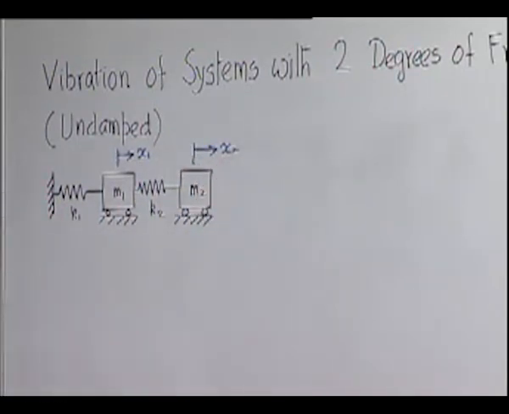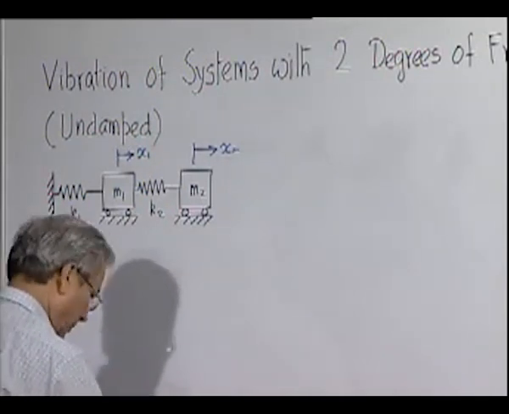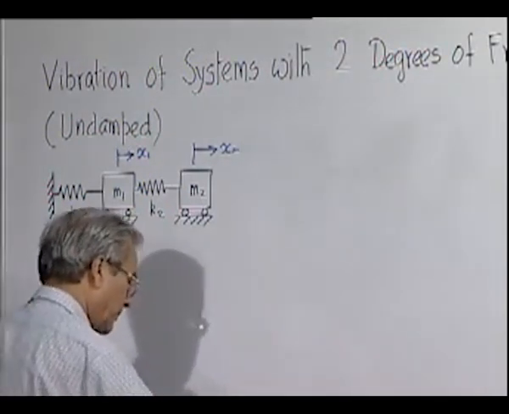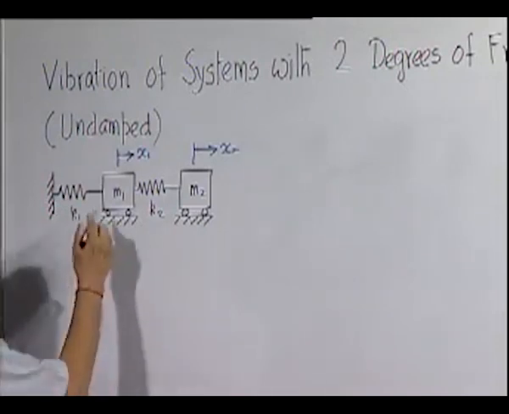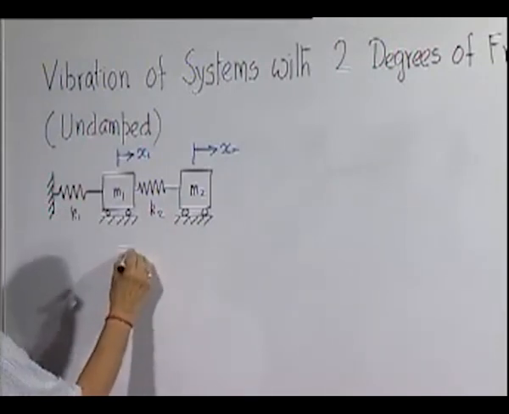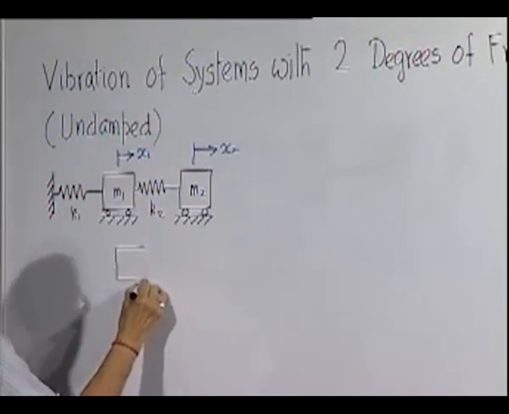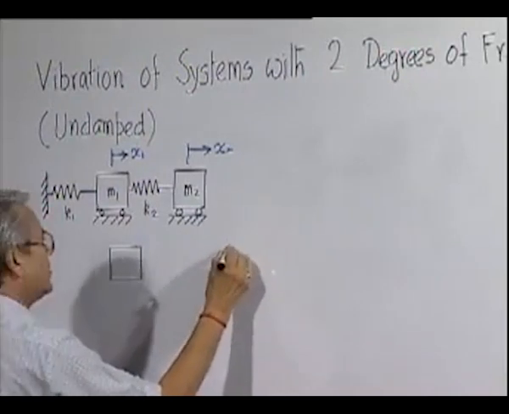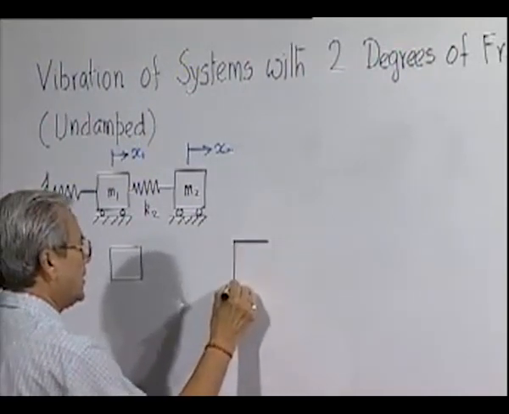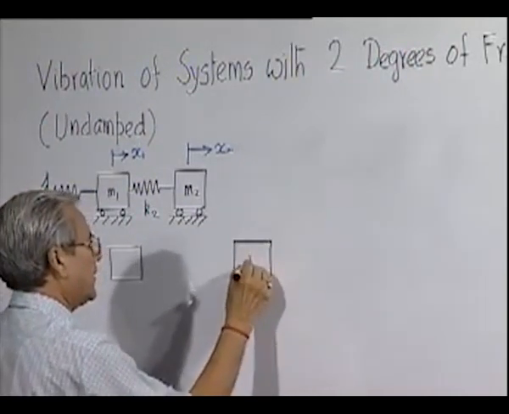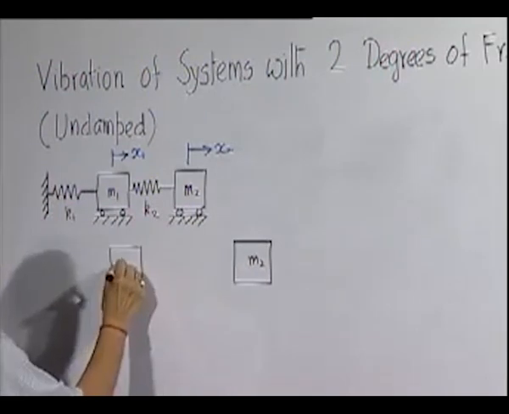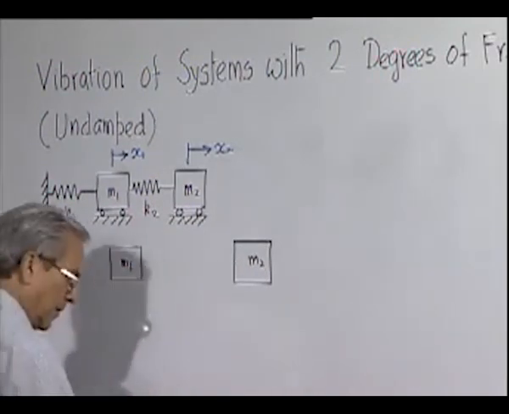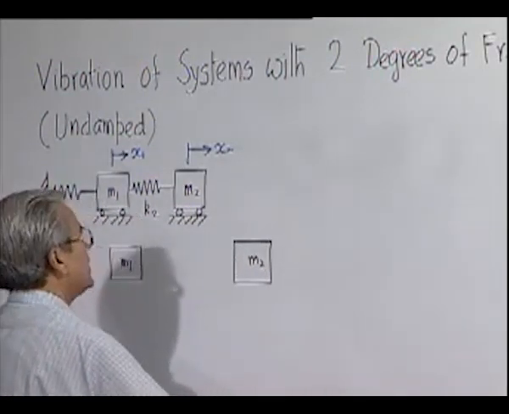We need not put the other spring, this is also a 2 degree of freedom system, and really speaking we have not lost much in the generality of the case. If we want, we can put it, only it will complicate the expressions more, which we need not bother about all the time. So this is a 2 degree of freedom system, and the equations of motion you can write down.